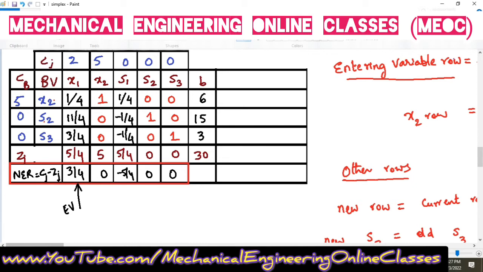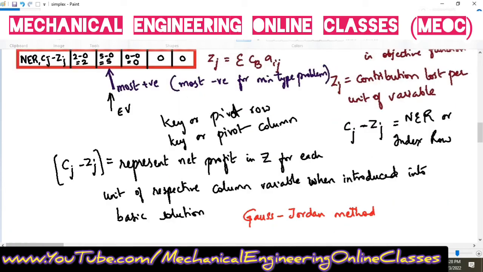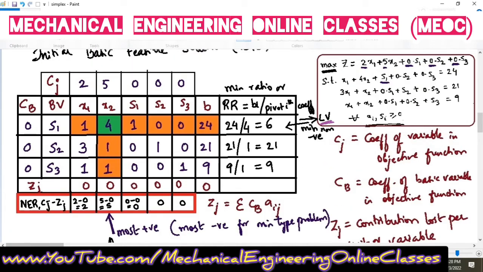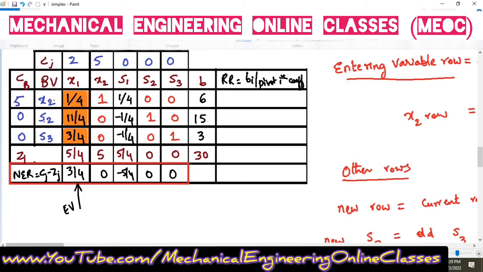So there must be some variable that should leave so as to make place for x1. For which we have to again find the replacement ratio or the minimum ratio, RR, as bi divided by the pivot column coefficient, just like how we have found here. So similarly we should be finding it there.